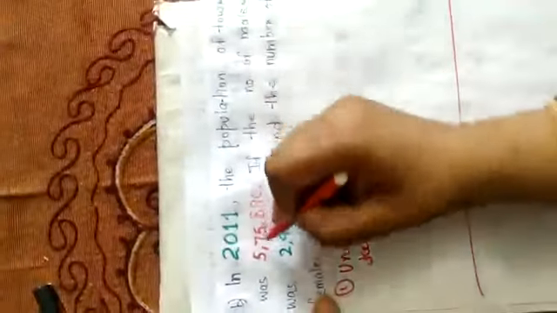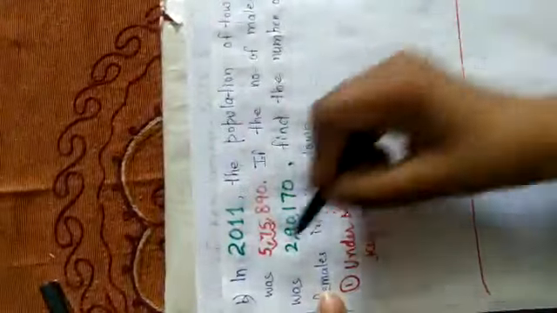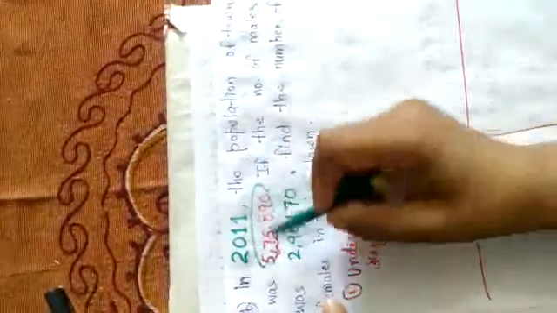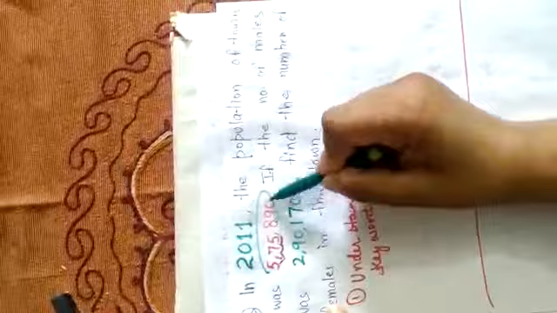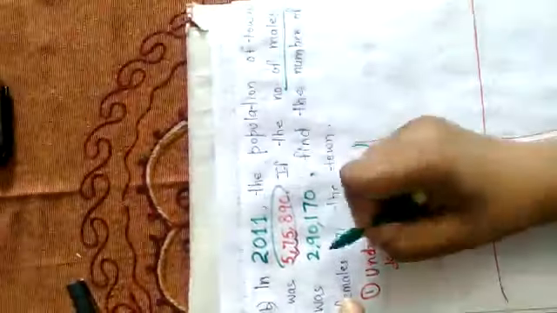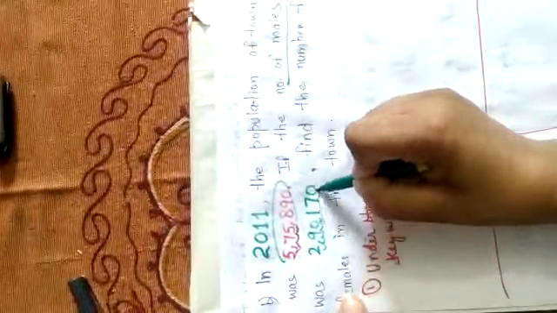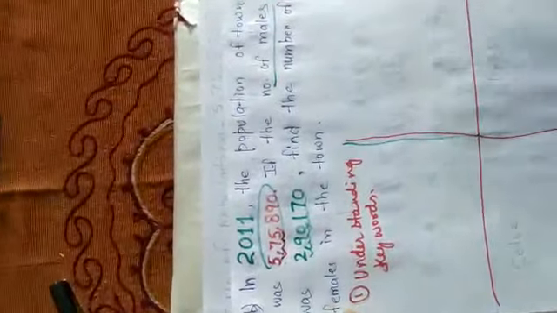The first keyword, total population of the town, 5,75,890. The second keyword is number of males, that is 2,90,170, and the punchline is find the number of females, just opposite of males.